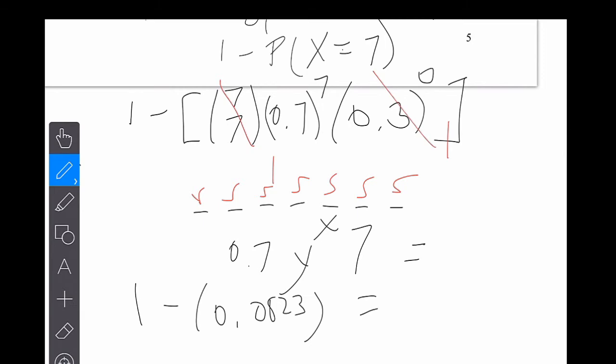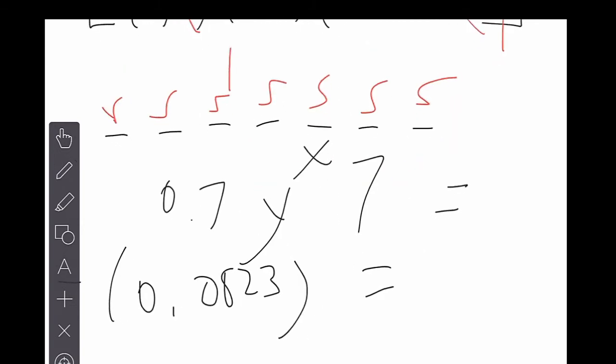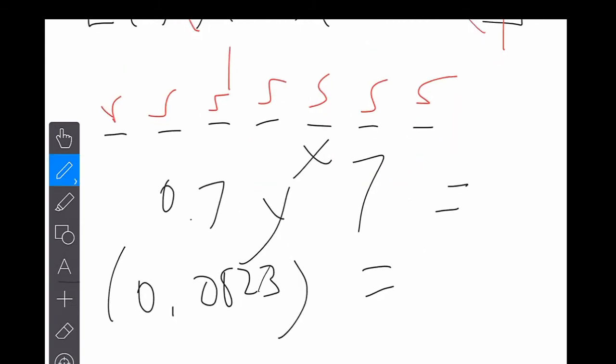Just make sure you round them. Did I round? I didn't round. So this needs to be a 4. Fix that. Make this a 4. Have to round that.